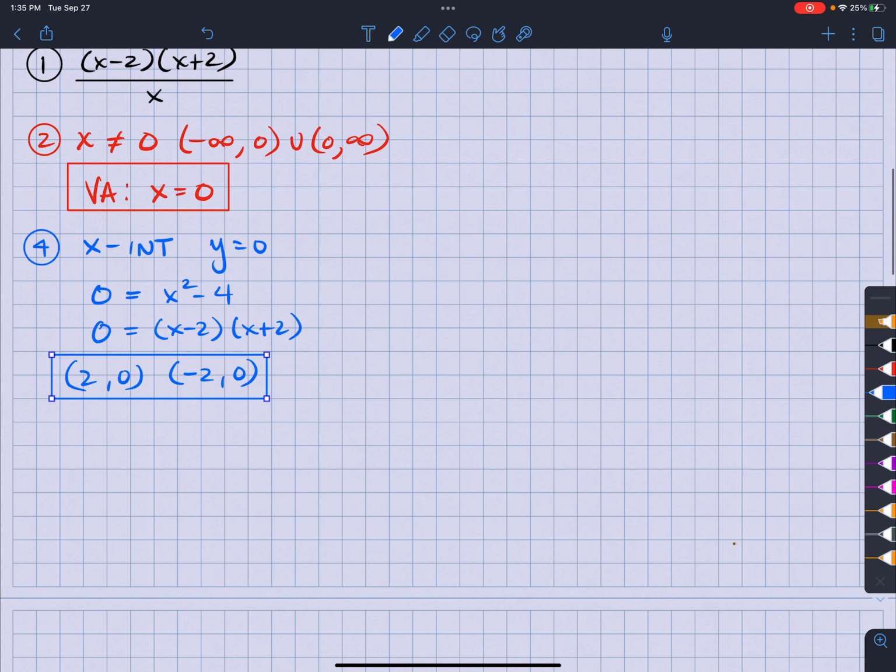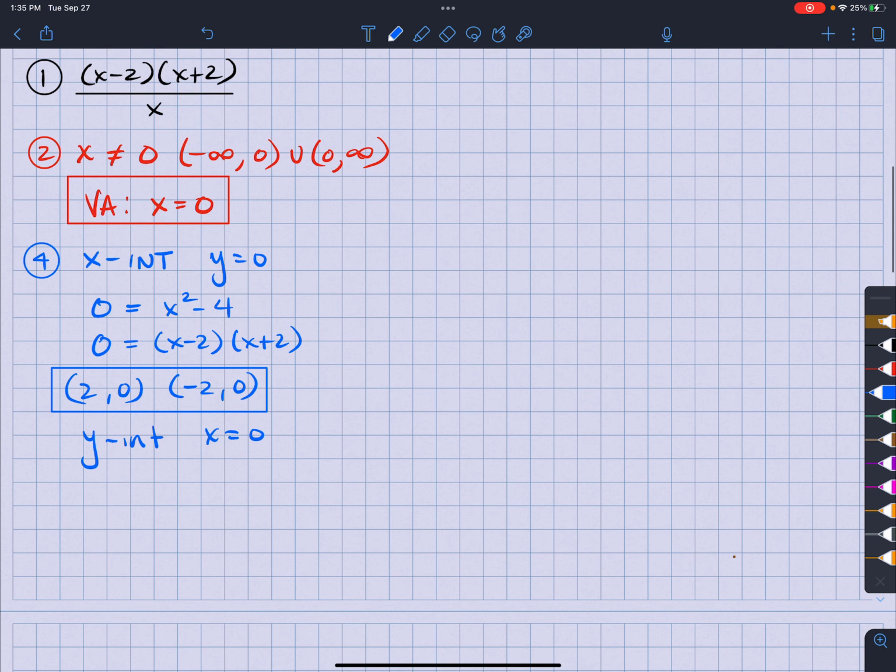There's that. All right, how about my y-intercept? Well, that's when x is equal to 0. So if I was to plug that in, I got 0 minus 2, 0 plus 2, all over 0. Oh, that's no good.